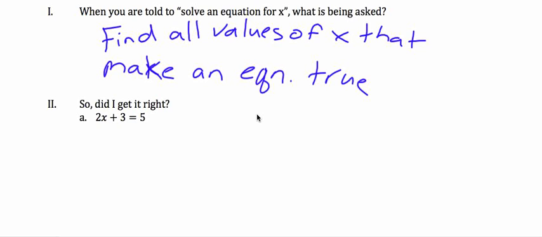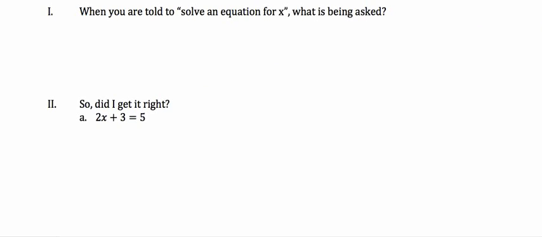And it's really important that you understand that it's all values that you're supposed to find. And that it has to make the equation true, meaning if you were to substitute that number or numbers back in for x and then evaluate both sides of the equation, you should get the same number on both sides. Okay, that's really important that we know that. That's the key to solving any equation, really, even the really hard ones.